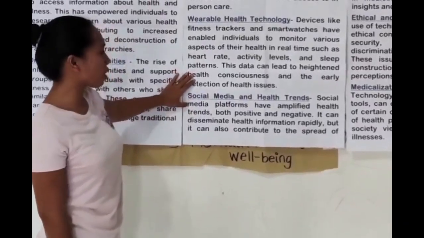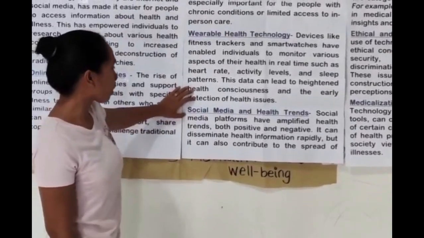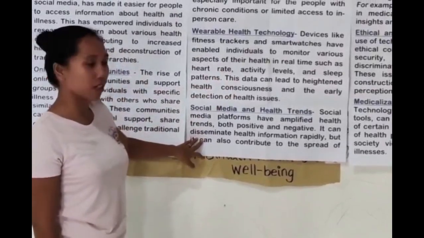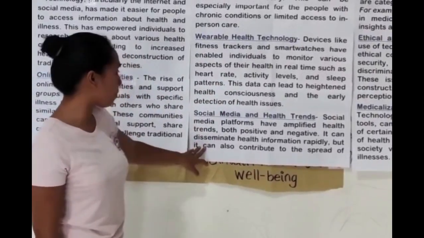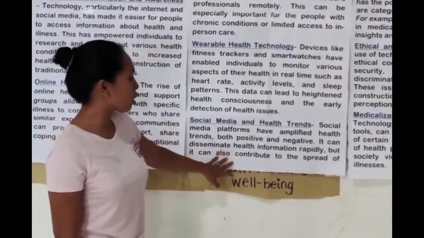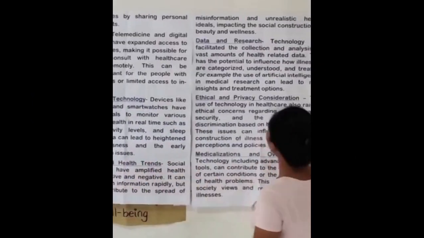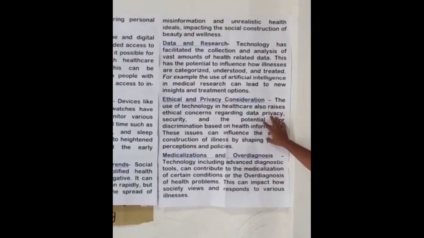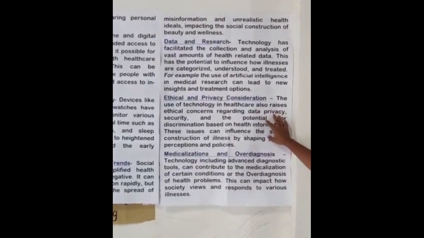The fifth is social media and health trends. Social media platforms have amplified health trends, both positive and negative. It can disseminate health information rapidly, but it can also contribute to the spread of misinformation and unrealistic health ideas, impacting the social construction of beauty and wellness.